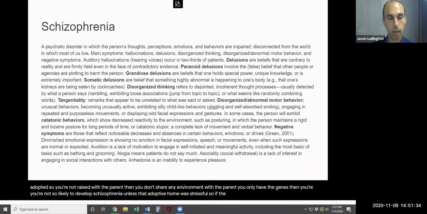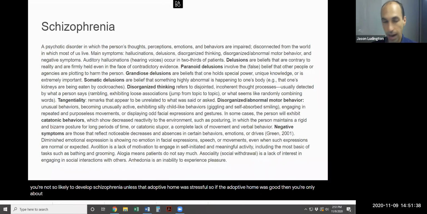So if the adoptive home was good, then you're only about 5% likely to develop the disorder. But if it's a stressful home that you're adopted into, then you have a 36%, 37% chance of developing schizophrenia.